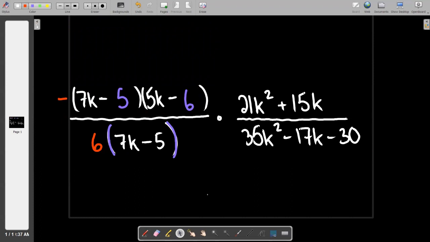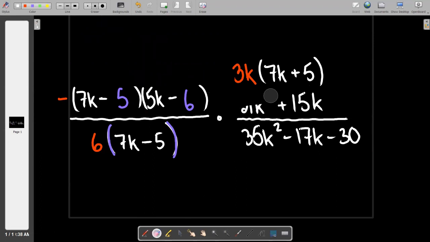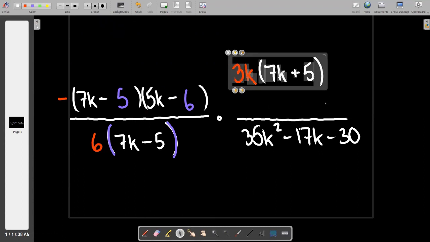All right, let's head to the upper right-hand corner. This is pretty light work, I think. What do we see in the upper right-hand corner? Pull out a what? There you go. If we pull out a 3K, what does that leave us with? 7K plus 5. And methinks we just found ourselves another clue for what could be, for some of us, a difficult situation in the lower right-hand corner.